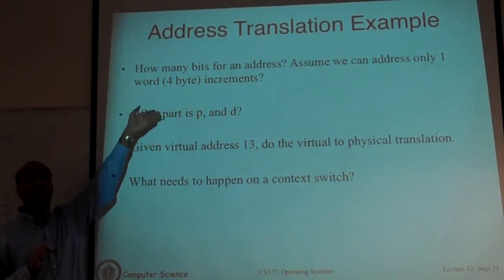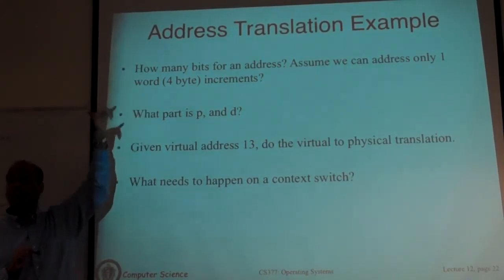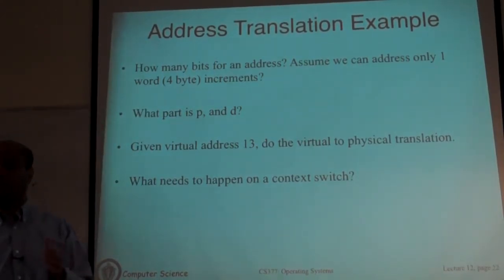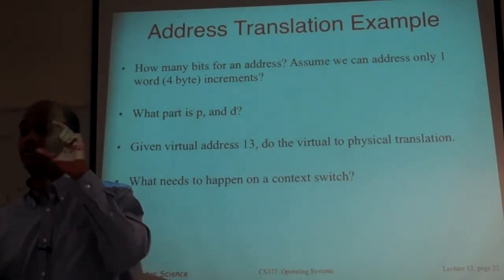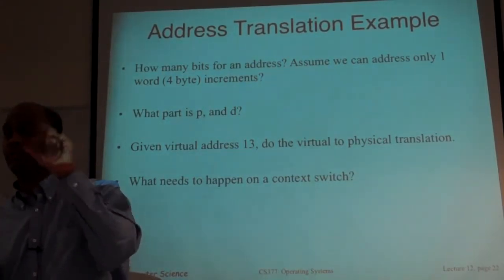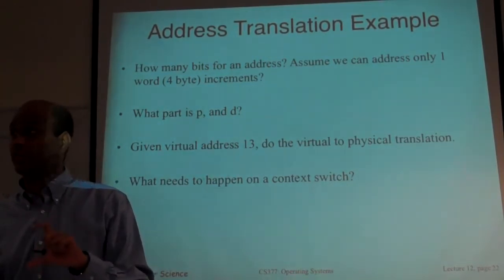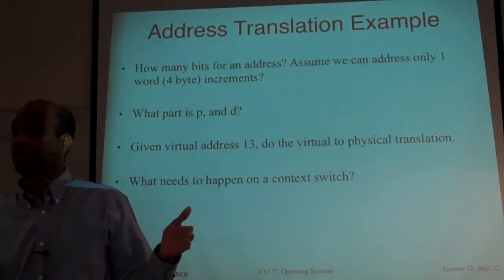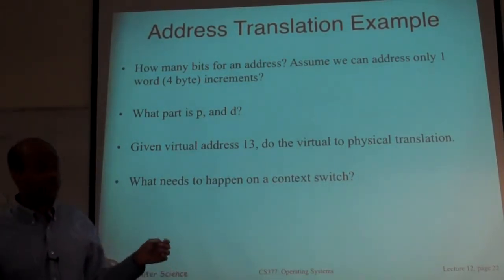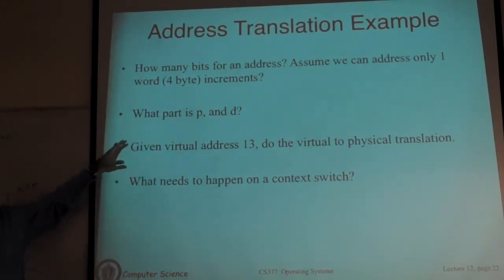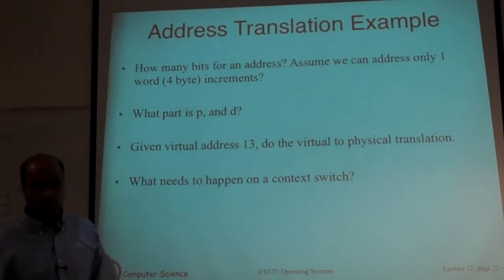Okay, that's a 32-bit machine. 4 bytes is 32 bits. If you have a 32-bit machine, you basically don't address individual bytes. You can address the first 32 bits and the next 32 bits in memory and the next 32 bits, because that's the length of your address. Okay. So if you do that, you have to do a little more involved calculation, and I'll show you how to do that.